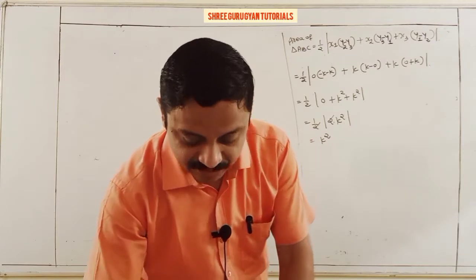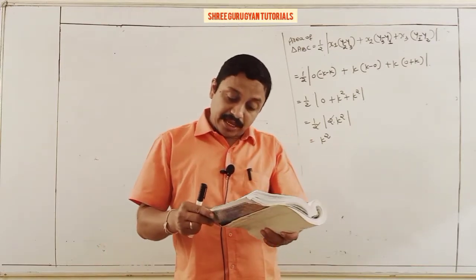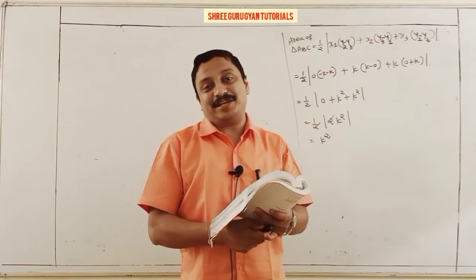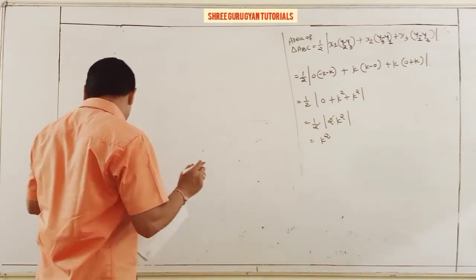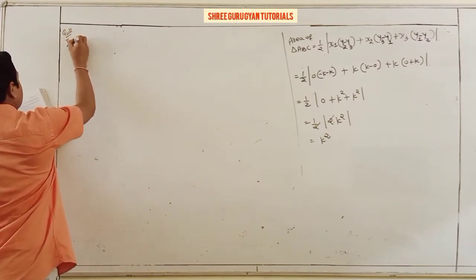Our 11th sum. Find the equation of the line passing through 2, 3 and making an angle of 45 degrees with the line x minus 2y is equal to 3. The question is important for exam level, so mark it IMP.